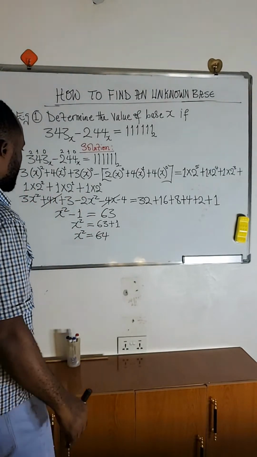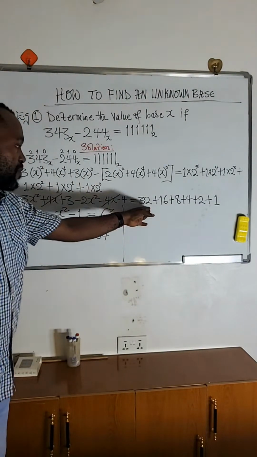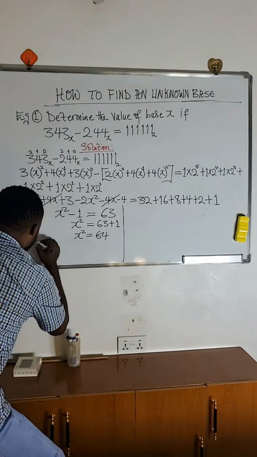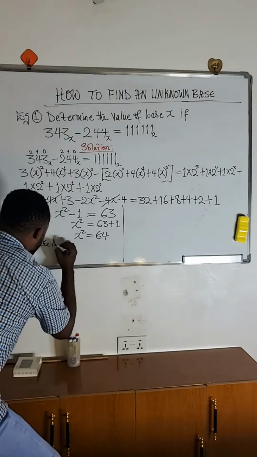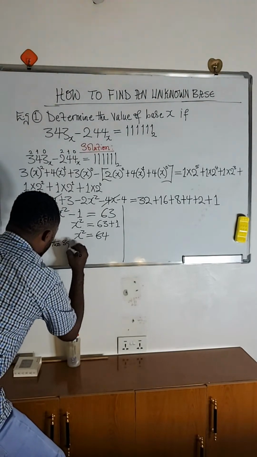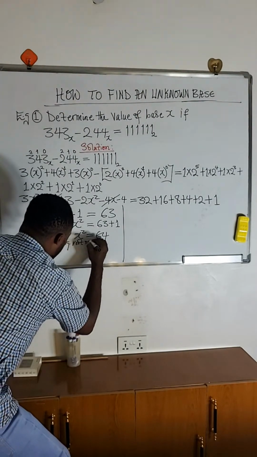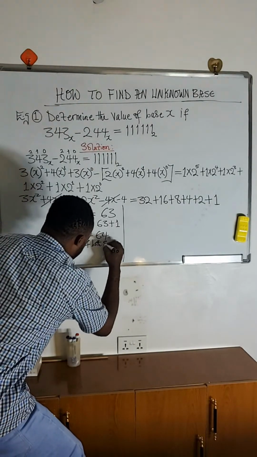Okay, so if x squared is 64, let's go to this place. So let me give a note. Take the square root of both sides.